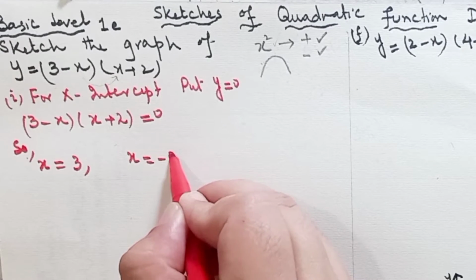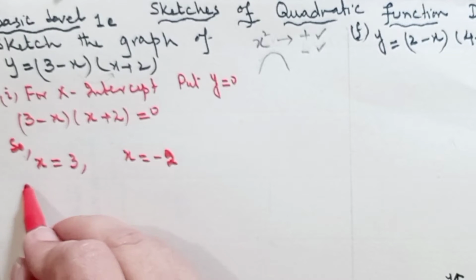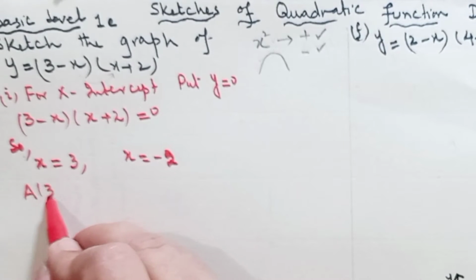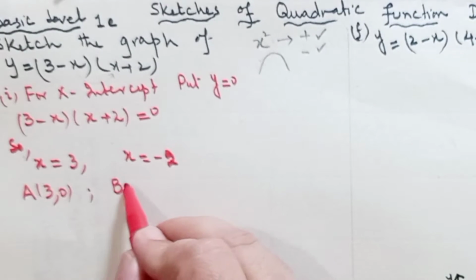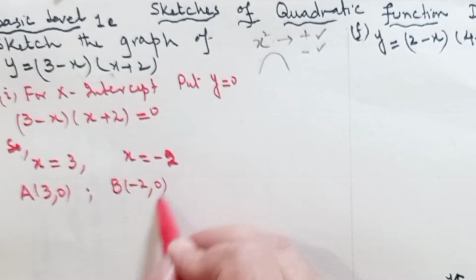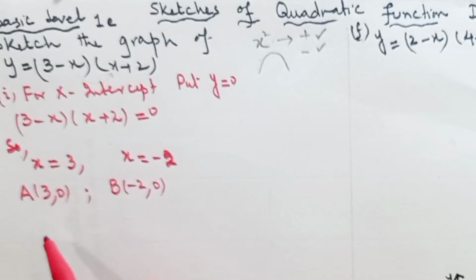So the points on the x-axis are A (3, 0) and B (minus 2, 0). I hope you are clear how we are getting the x-intercept.